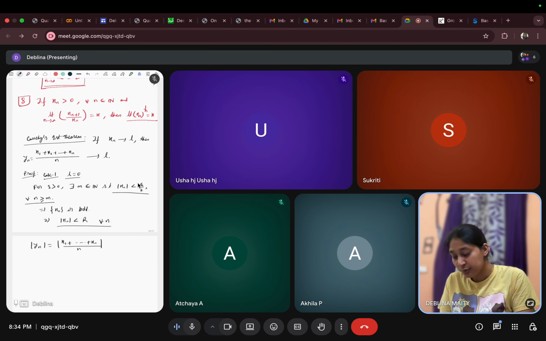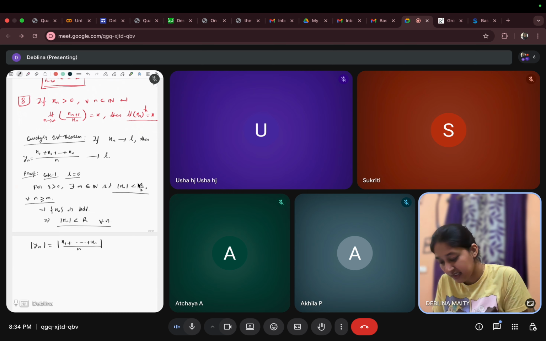Now if we use the triangle inequality, we will see this: x1 plus ..., we divide it up to m, and then from m plus 1 to n, since m is less than n, right? So this is n.